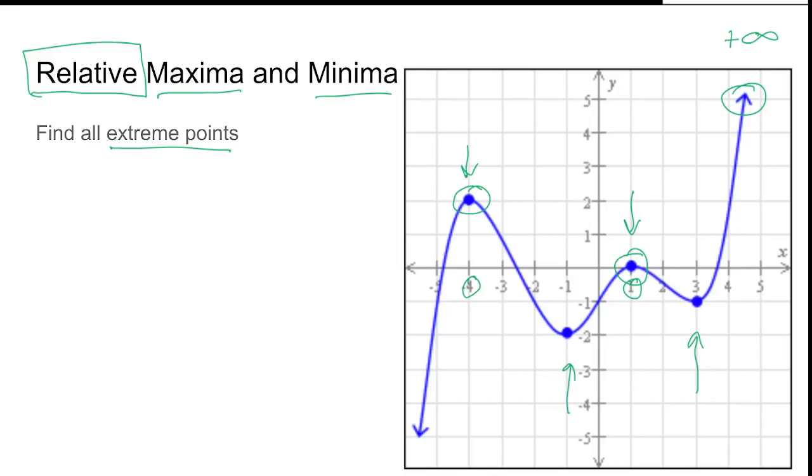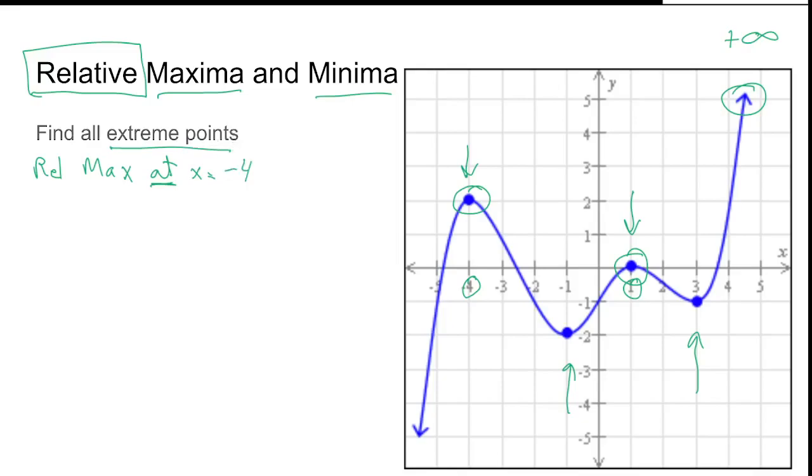So extreme points, we're going to list. Now watch how we do this. We actually do list both the x and the y values, but what we're going to say is we have a relative max at, that's a location, x equals -4.